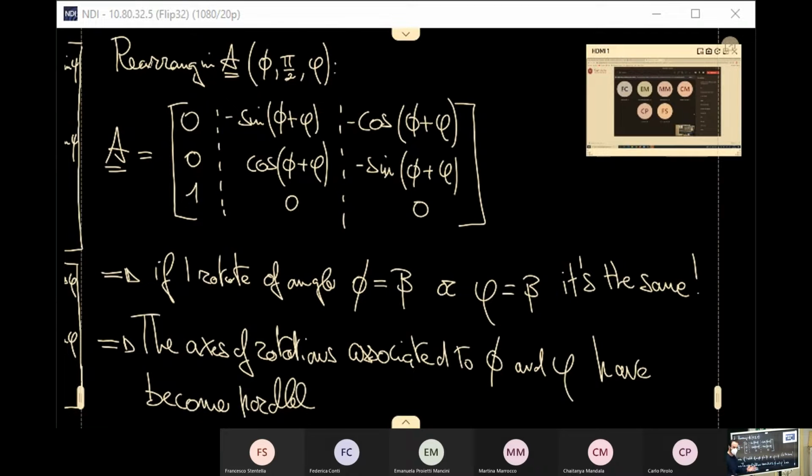That's the only occasion in which, if you rotate two angles of the same amount, you obtain the same configuration of the rotation matrix. It can only mean that the two axes of rotation, in this case C1 and eta 3, have become parallel.